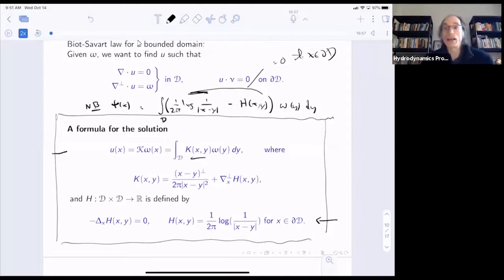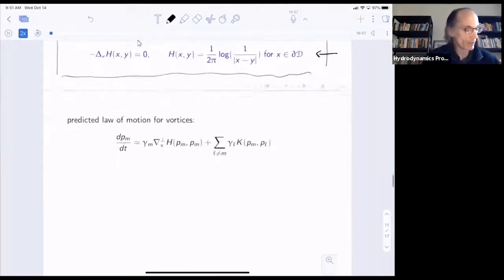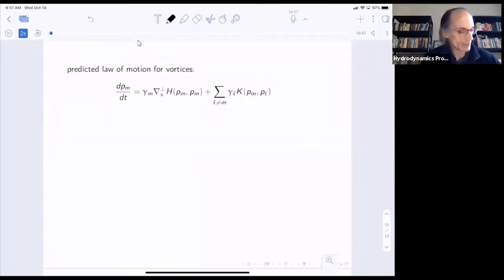Okay, and so then if I want to study vortex dynamics in this bounded domain, well, here's my claim. Let's draw a domain with two vortices in it.